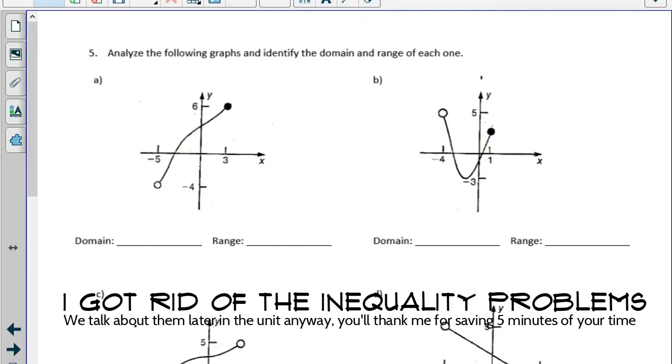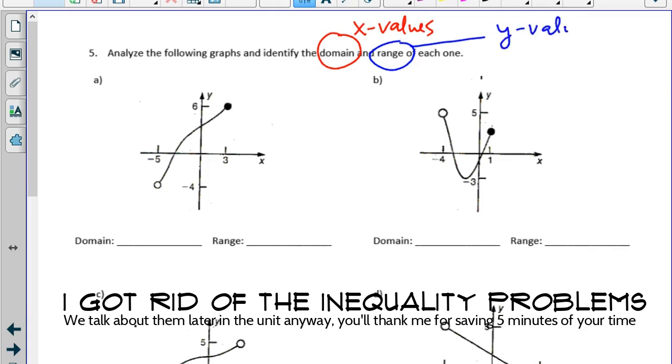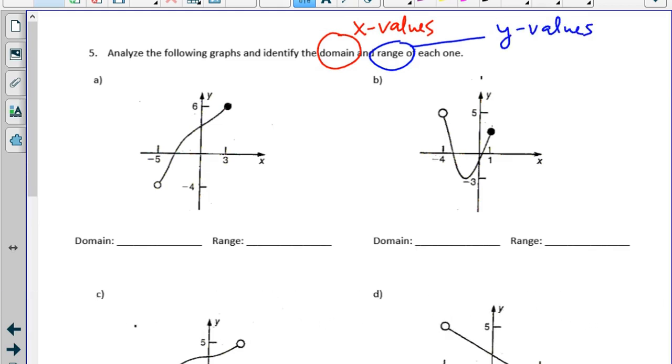So the domain is basically all of the x values that make this work, and the range is all of the y values that come out in the function. So if I'm looking at the domain, it goes from the x value of -5 to the x value of 3, and the y values go from -4 up until 6.